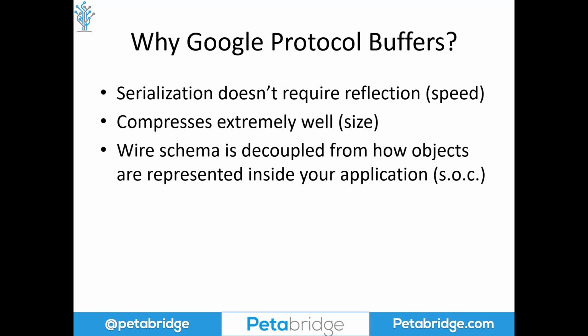This is the real cost overhead of using schema-based serialization, is performing this decoupling. It requires a fairly significant upfront investment because you have to define your wire format and produce it separately. Then you have to write a serializer that can translate between your wire format and your application format.